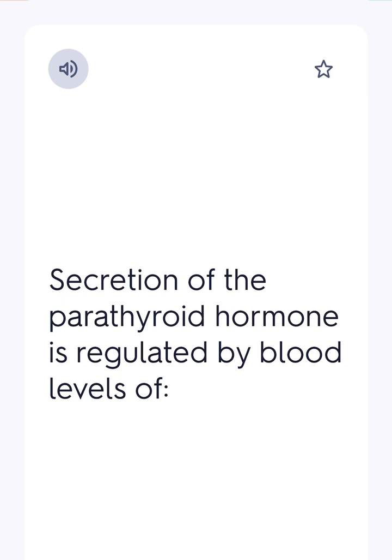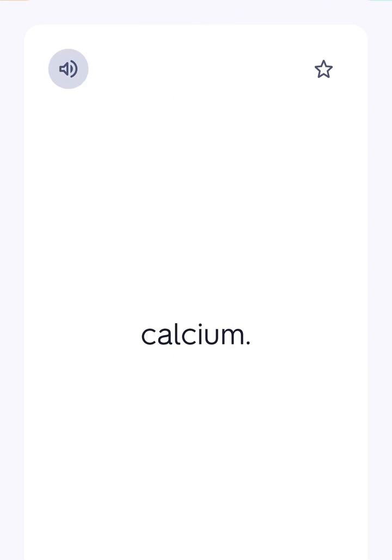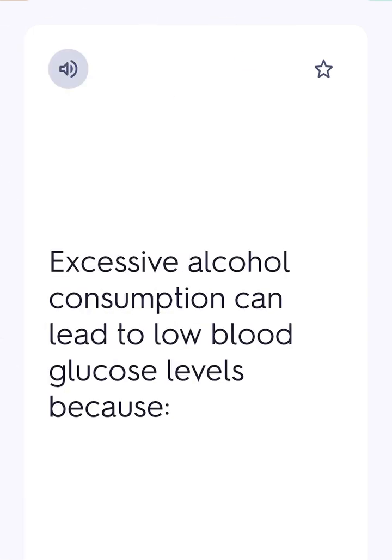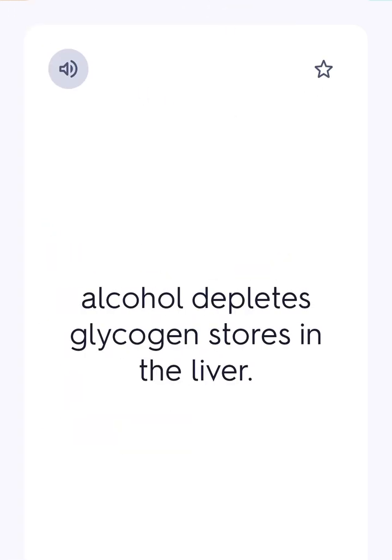Secretion of the parathyroid hormone is regulated by blood levels of calcium. Excessive alcohol consumption can lead to low blood glucose levels because alcohol depletes glycogen stores in the liver.